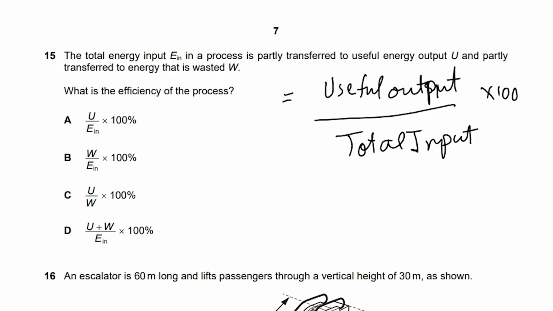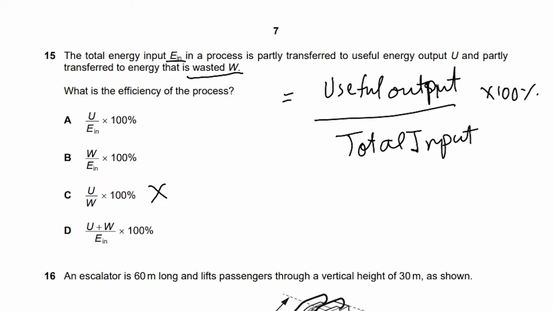Now this means that in the denominator we should have E in. Okay, so A has that, B has that, so C can't be the answer. We have to choose from A, B and D. Now W is the energy that is wasted, so we don't need it.